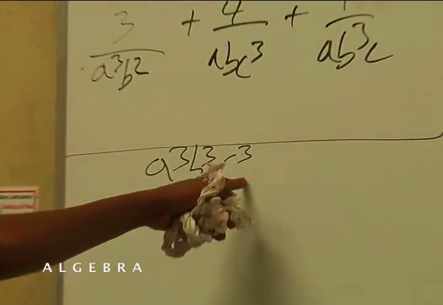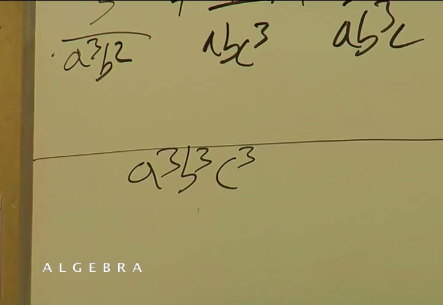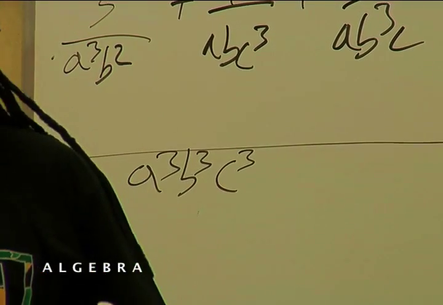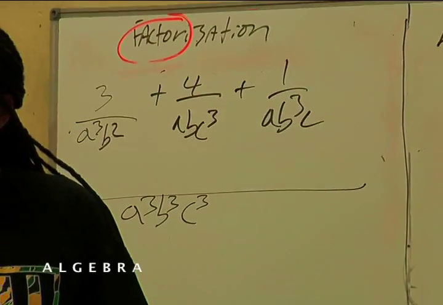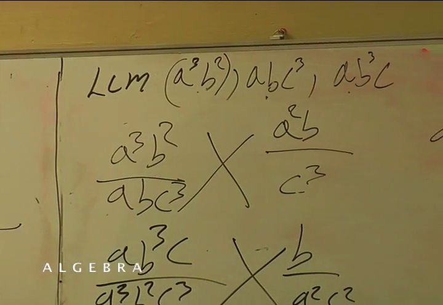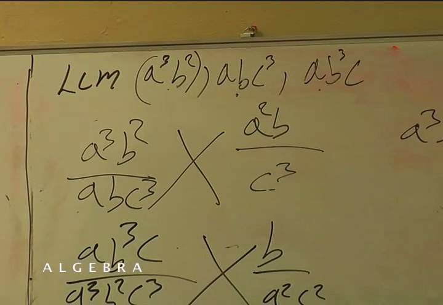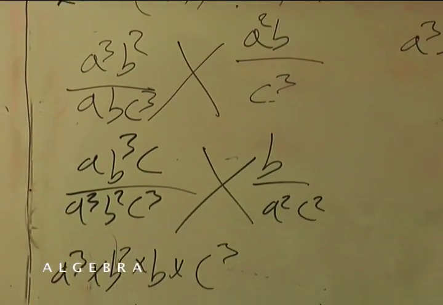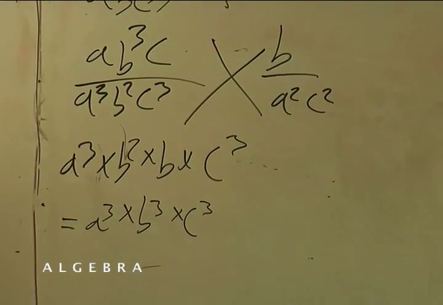A cube, B cube, C cube. The answer lies in it, but don't try it too soon. That's when you get genius. The biggest one of all of them is going to be the LCM. See that?